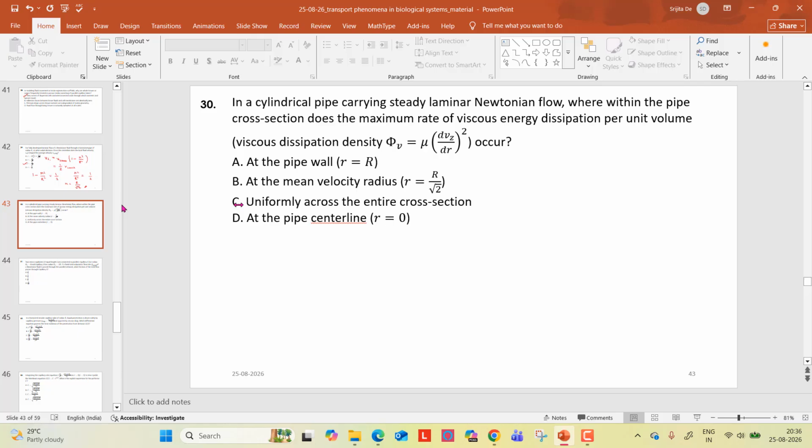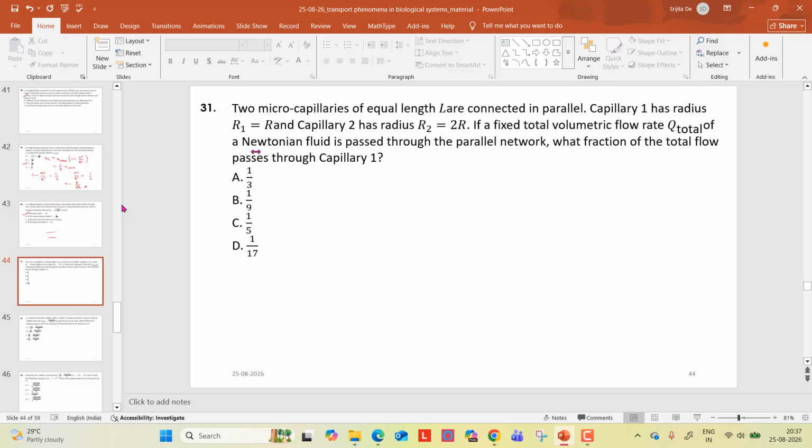So we know that the stress and viscous energy has to be higher at the pipe wall, because at the middle the velocity is already high. So there is no point of friction at the middle, right? In the channel. So the viscous energy has to be high at the pipe wall. So it is at r equals R. From the logic also you can solve this.